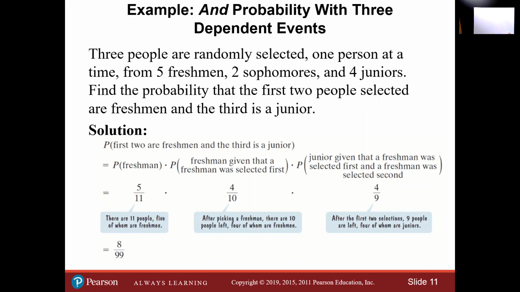Three people are randomly selected, one person at a time, from 5 freshmen, 2 sophomores, and 4 juniors. Find the probability that the first 2 people selected are freshmen and the third is a junior.